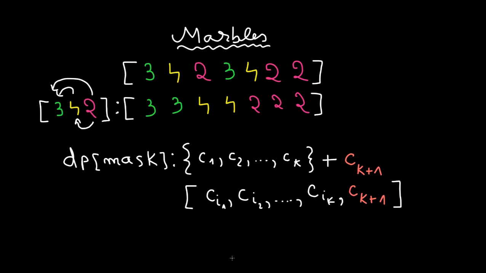The cost of the initial permutation was already computed in DP of mask, but we will have to add the cost given by each of these new k pairs.